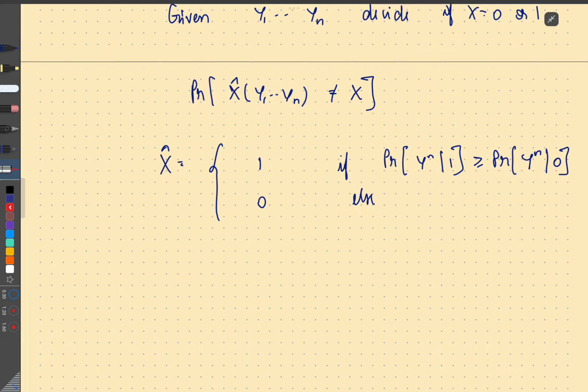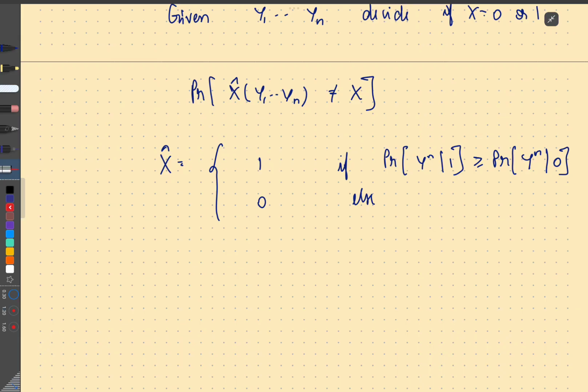Have you seen this before? It's a likelihood ratio test, but many of you have taken digital communications or statistical inference. So this is effectively a maximum likelihood decoder.